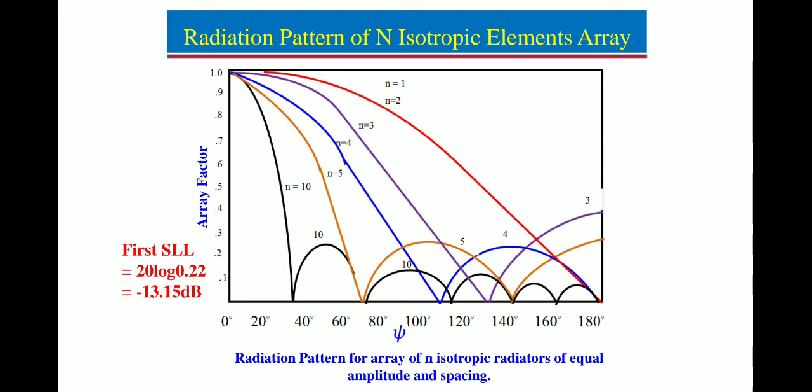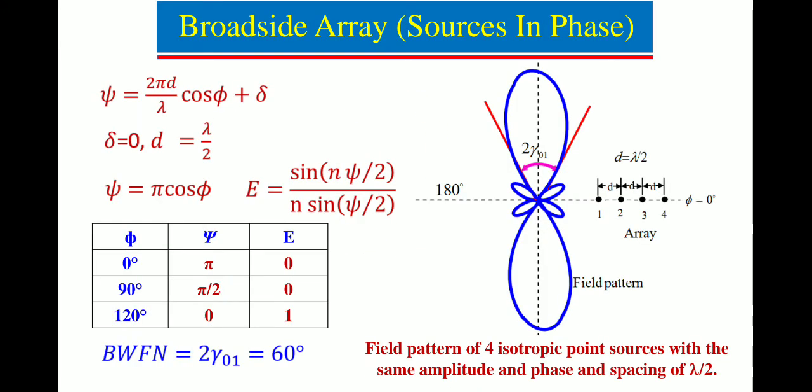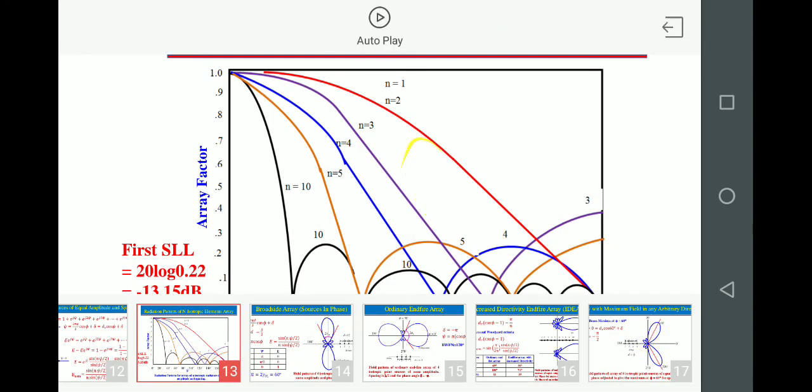So these are the radiation patterns for an array of n isotropic radiators of equal amplitude and spacing.